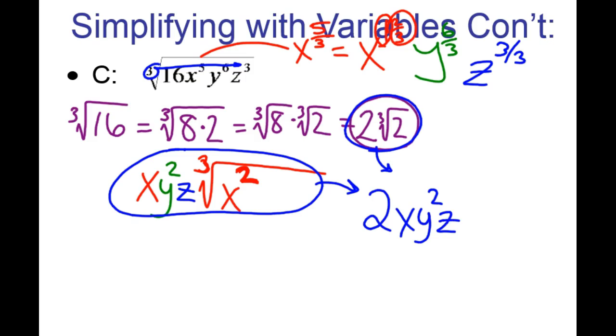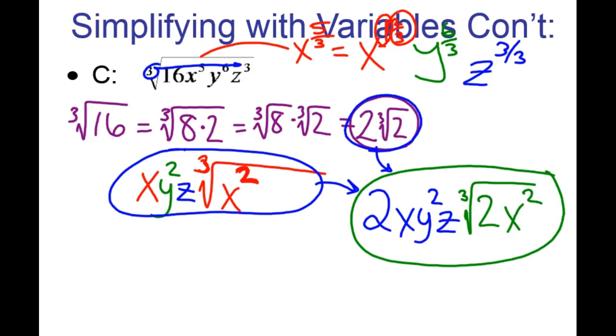And I have my radical portion with my cube root. Under my cube root, I still have the 2 from the numeric portion, and I still have x squared from the variable portion. This is considered as simplified as it gets, because underneath my radical symbol, there are no more perfect cubes.